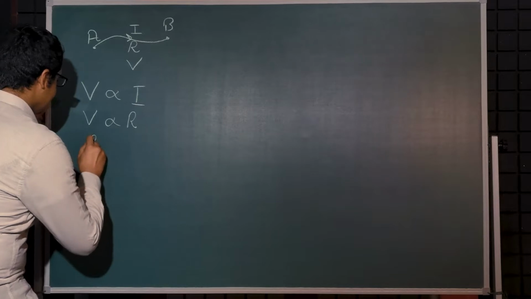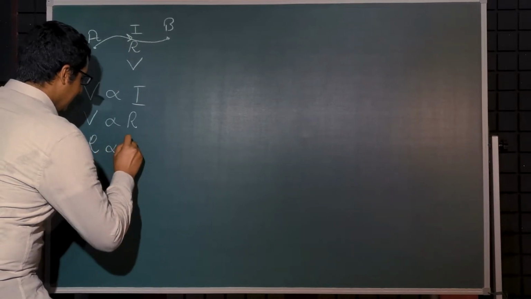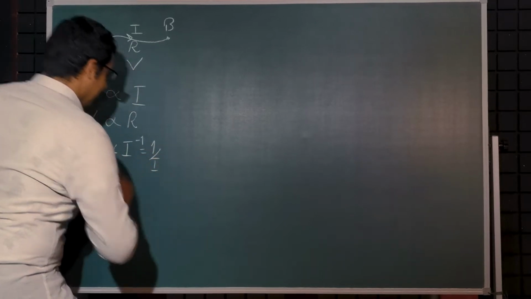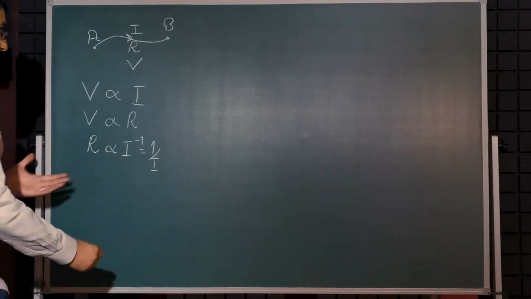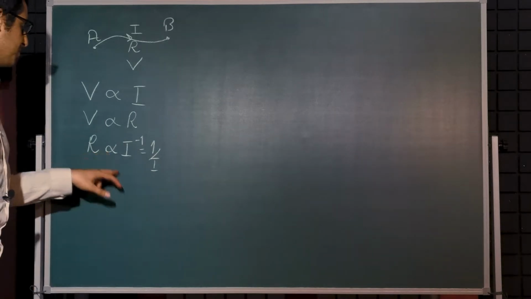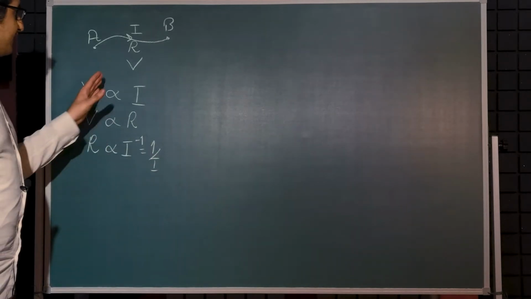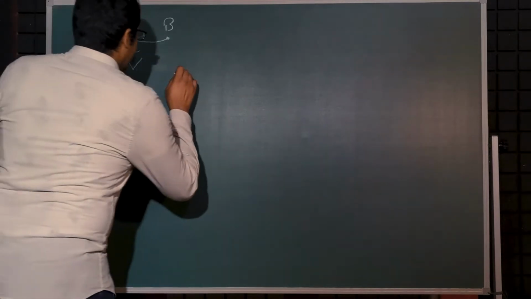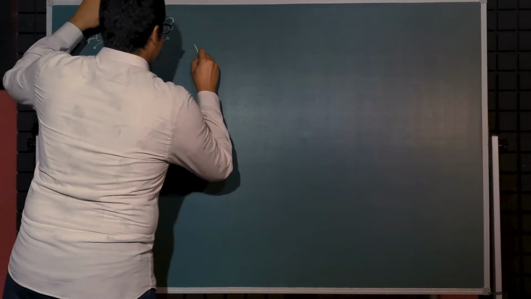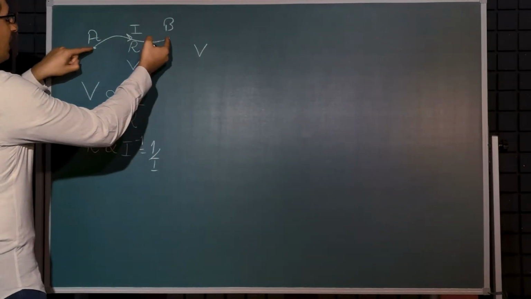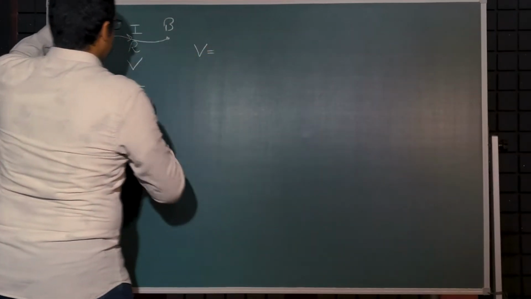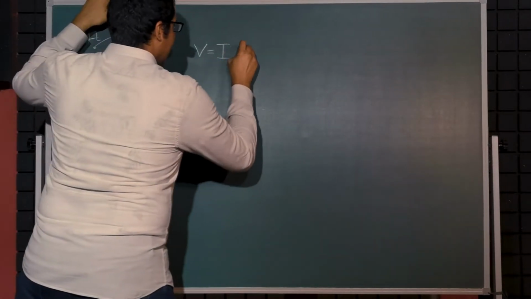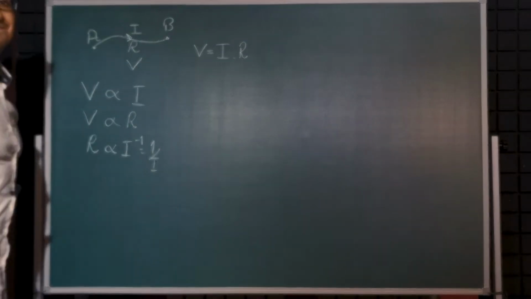Therefore, current and resistance are inversely proportional, proportional to 1 over I. From that, we can write that the voltage between the two points will be equal to the current flowing through that path times the resistance.